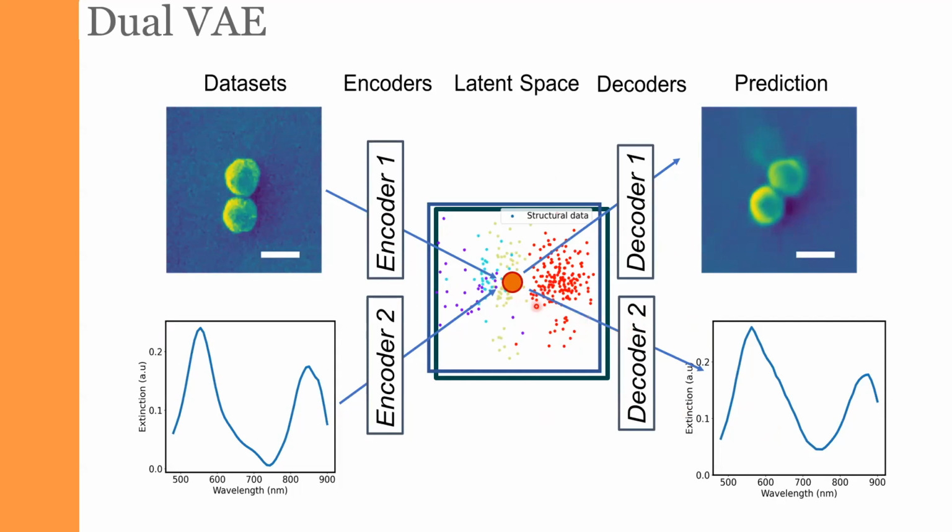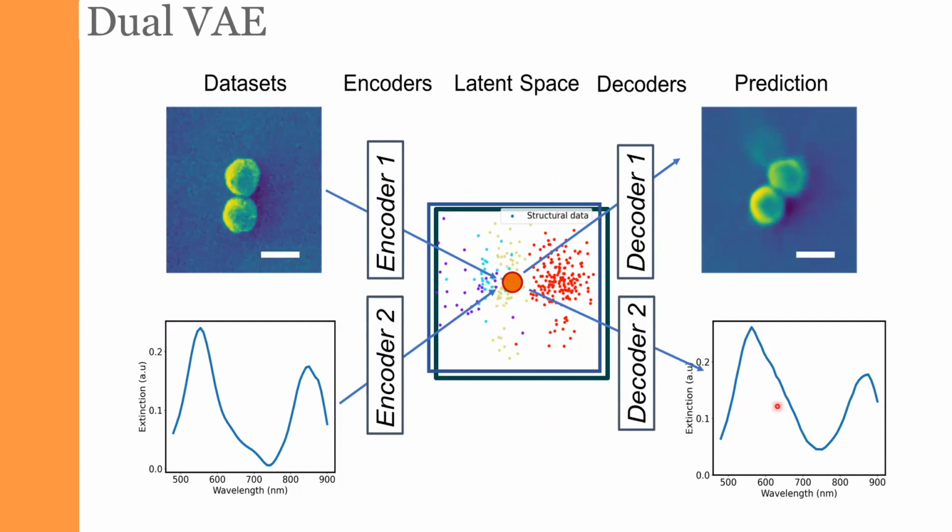We have the usual Kullback-Leibler losses for the autoencoder. We have a reconstruction loss associated with how well we reproduce the structural elements, and we have the reconstruction loss associated with how well we reproduce the spectral element.